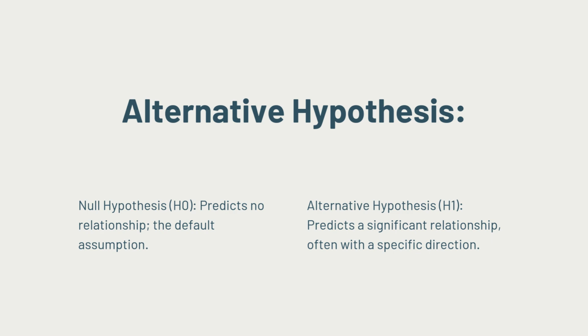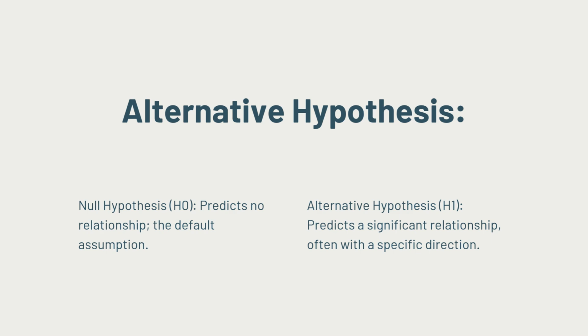So, if we expect that exercise has a positive effect on reducing stress, our alternative hypothesis might be increased weekly exercise will lead to lower stress levels in college students. So, note how in the alternative hypothesis, we explicitly stated that it indeed will lead to some change in the other variable. Okay, so you are affirming a significant relationship.